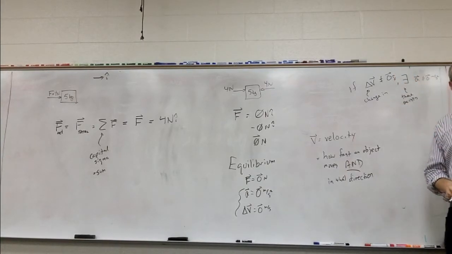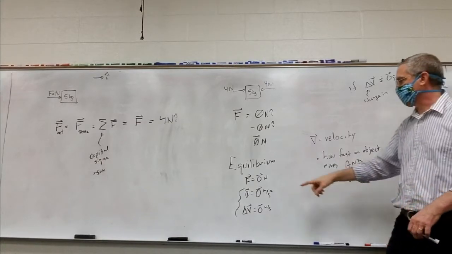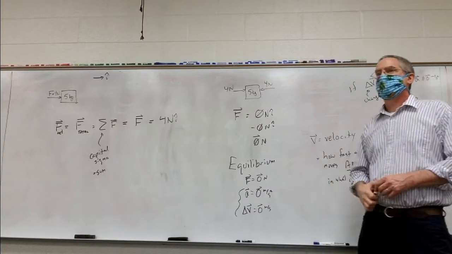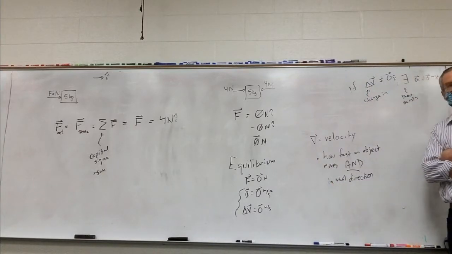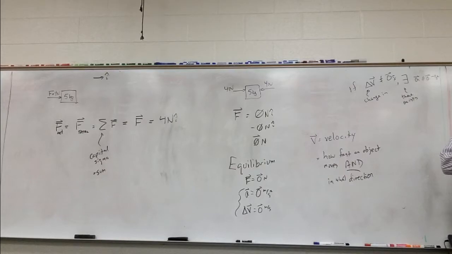So if the velocity changes, there's acceleration. That's what I'm going for. Non-zero acceleration. What are the units on the acceleration? Meters per second squared. And I do recognize I've just used some vocabulary words that are officially new to you.